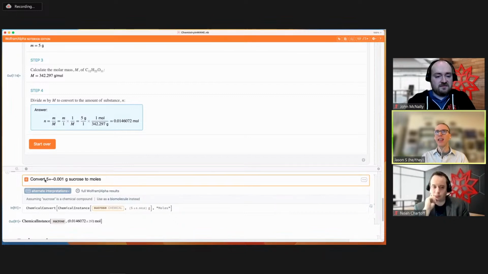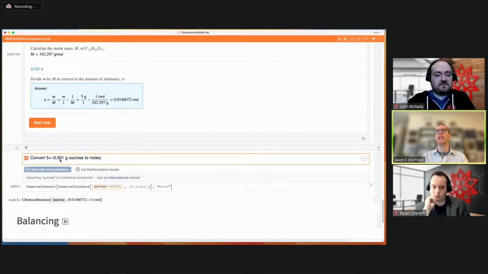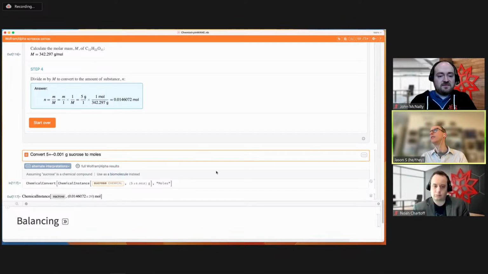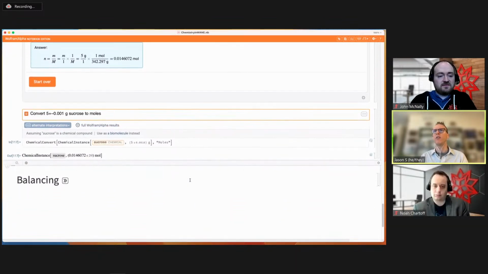And so I can pass that information in as well, and the system keeps track of it using our around features under the hood. And so what's going on is, as you hopefully can see, it's a little small. I'll scroll up. It shows 5 plus or minus 0.0001 grams, indicating that it does know that there is an error associated with it. And again, it does a calculation.